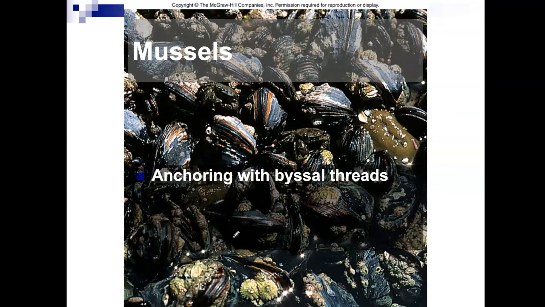Mussels anchor themselves to the rocks with these really strong byssal threads. And we'll talk about this is important for preventing them from being ripped off with wave action. But they'll also group together like this. And when they group together like this, it actually helps to hold water a little bit better. So that provides, when the tide's out, a more moist environment.